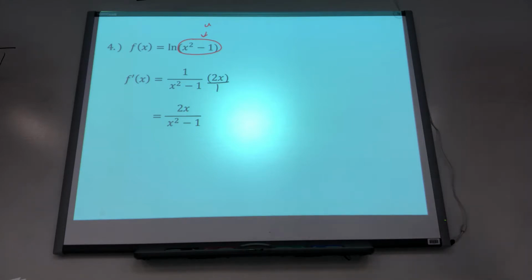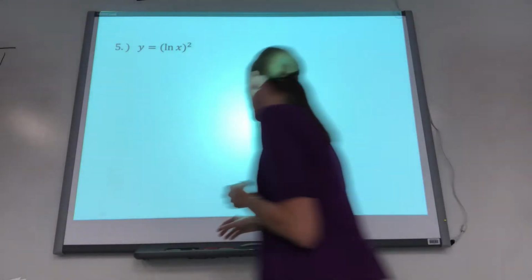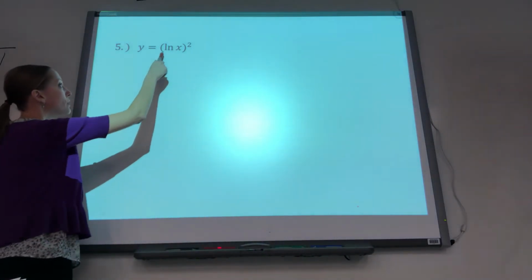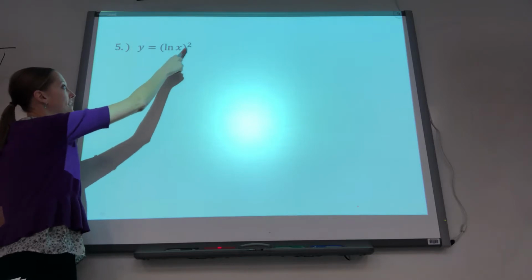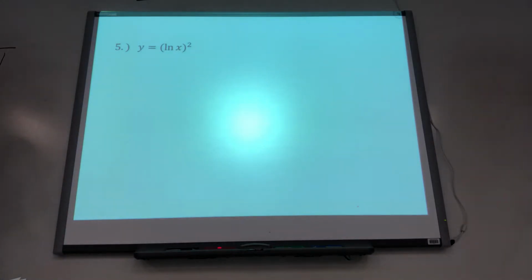Okie doke. Now I'm going to keep on moving here. Stop me if you have any questions. Number 5, y equals the entire natural log of x squared. What rule do we always use when we have a quantity with x's raised to a power?